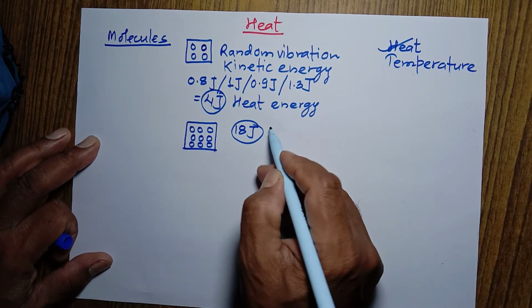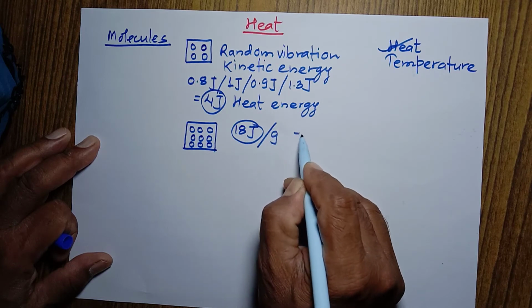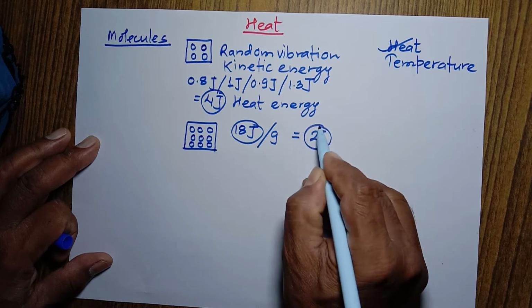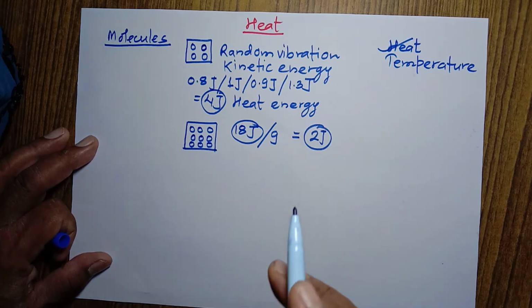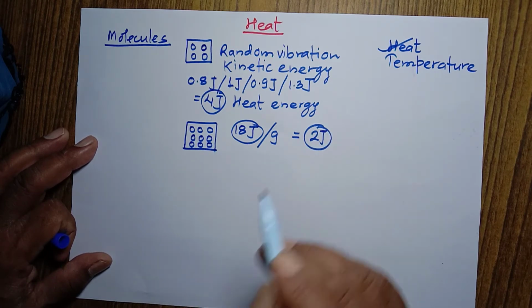molecules. If we divide this 18 joule by 9, what comes? 2 joule. What does it mean? On average, each of the molecules is vibrating in such a way that each of them has 2 joule kinetic energy.